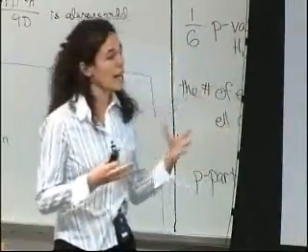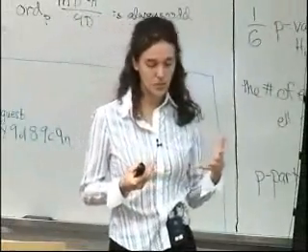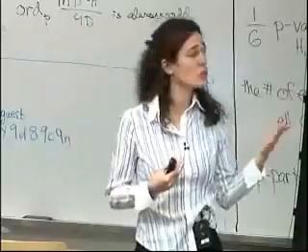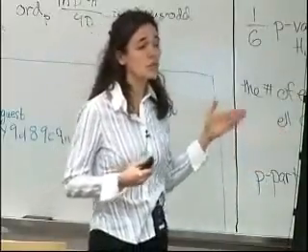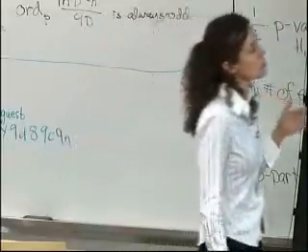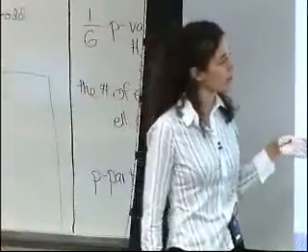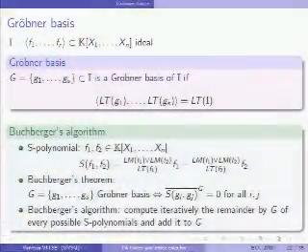So you need to define a selection strategy to do that. For example, in practice, we usually consider the S polynomials having the lowest total degree. And what you do is you construct a sort of Macaulay-style matrix. That is, you put in the matrix all the multiples that are involved in your S polynomials.